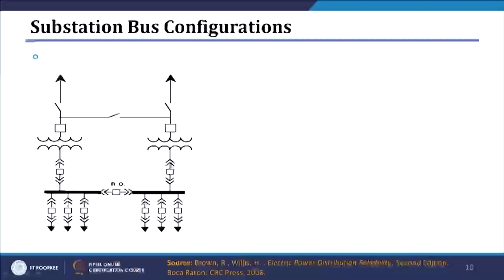Now let us see how these schemes can be used for different kinds of substations. Here I have shown one substation where this is your high voltage side and this is your low voltage side, connected by 2 transformers. In this case you can see that for reliability purposes the bus is divided into 2 parts.